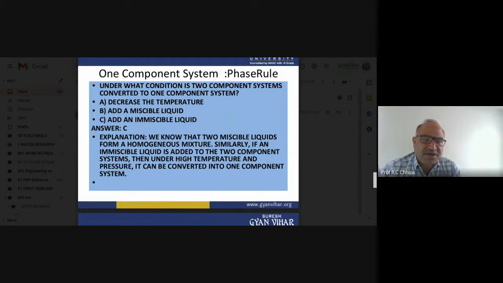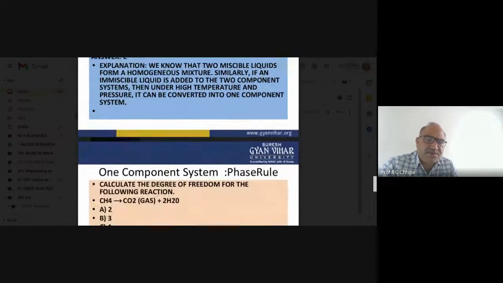We know that two miscible liquids form a homogeneous mixture. Similarly, if an immiscible liquid is added to the two component system, then under high temperature and pressure it can be converted into the one component system.